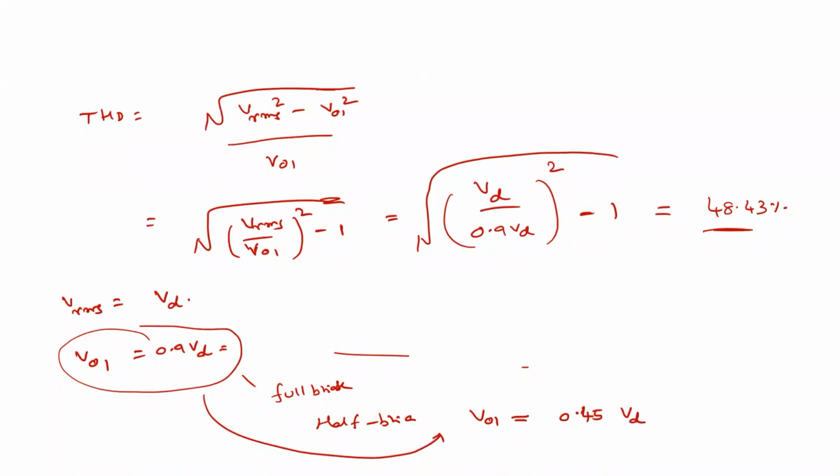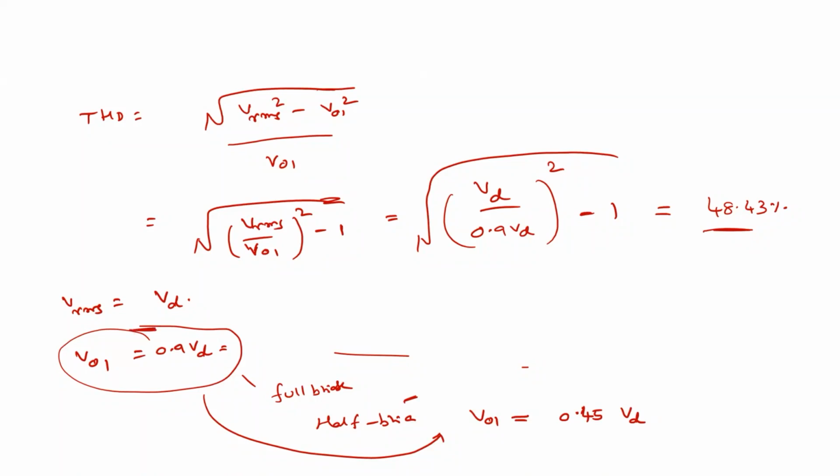What is the THD? Same. THD remains the same because the waveform shape is the same, only the magnitude changes. As long as the repeating sequence pattern is the same, the THD is also the same.